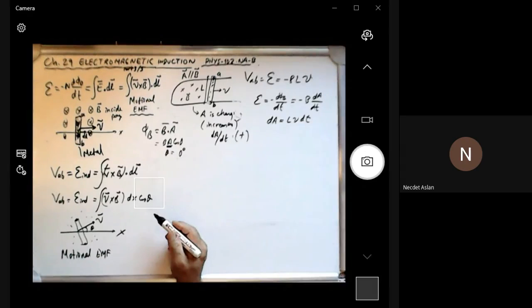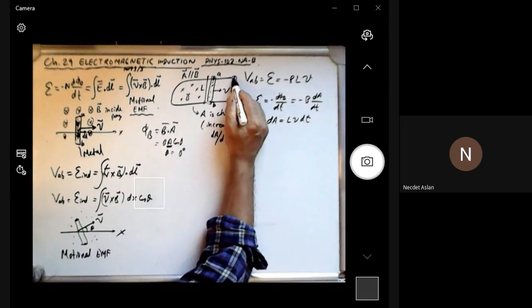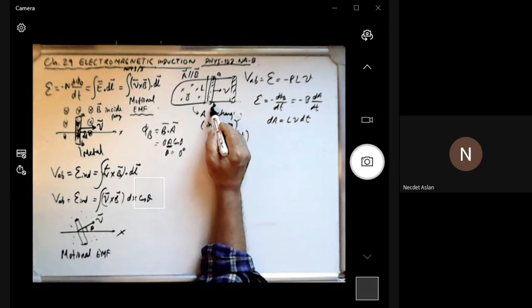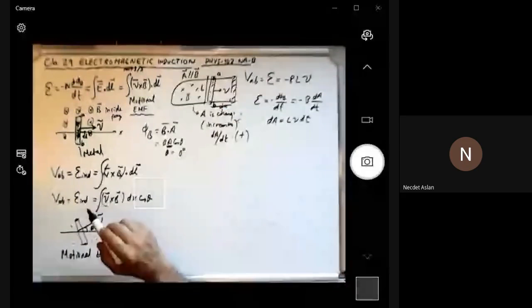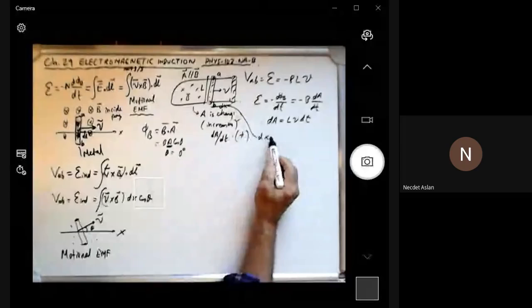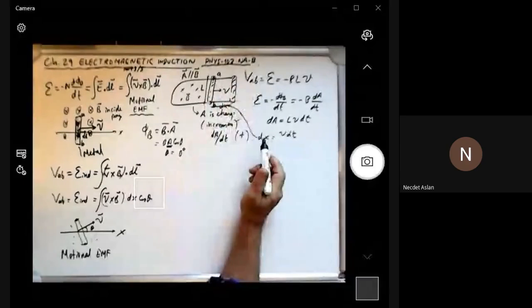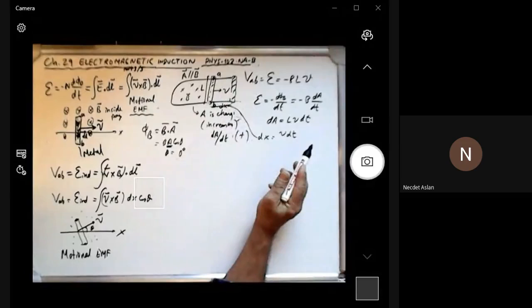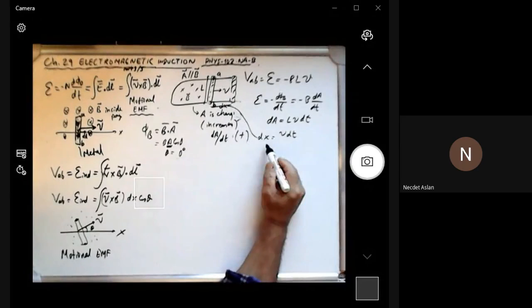Because this distance, after some time dt, will be given by dx, and dx is just v times dt, because v is constant. Of course, in all these expressions, the velocity is constant. If velocity is changing, then we have some other relationships. But in this case, it's constant, so dx can be written as v times dt.